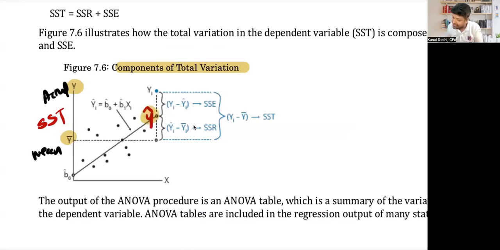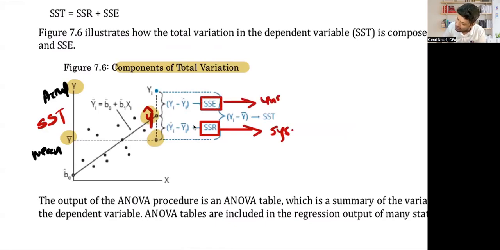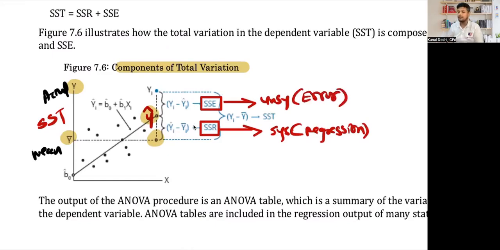Predicted minus the mean is what we call sum of square regression, which is what we call systematic risk. Now they don't use the word systematic here, they use that in equity. And the difference between your actual and predicted is the sum of squared error. This is nothing but unsystematic risk. Remember, systematic risk is called regression, explained, and this is called unexplained or error. And SST is total. Keep this in mind.